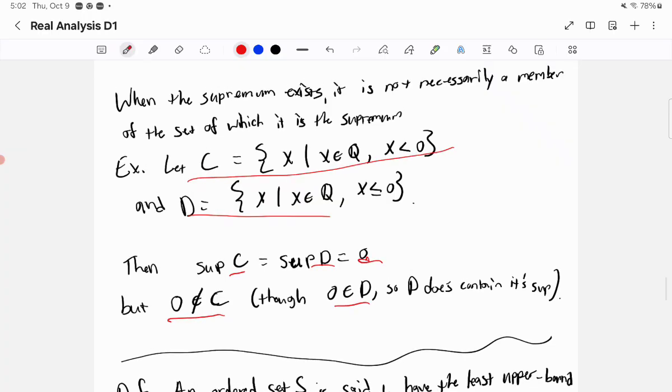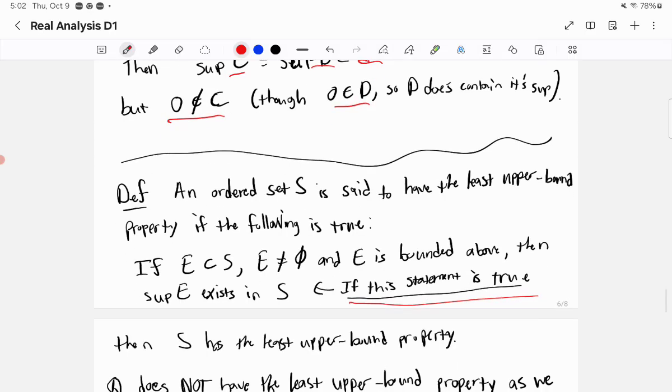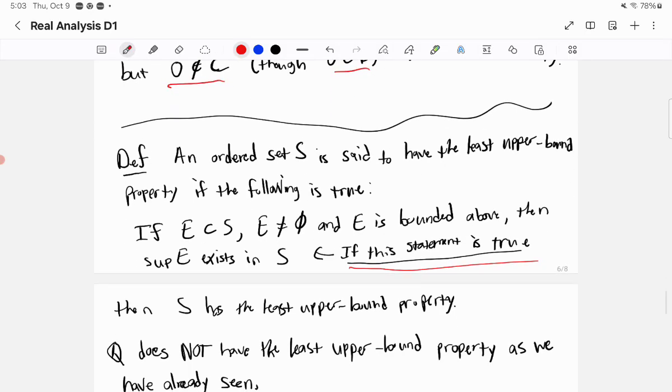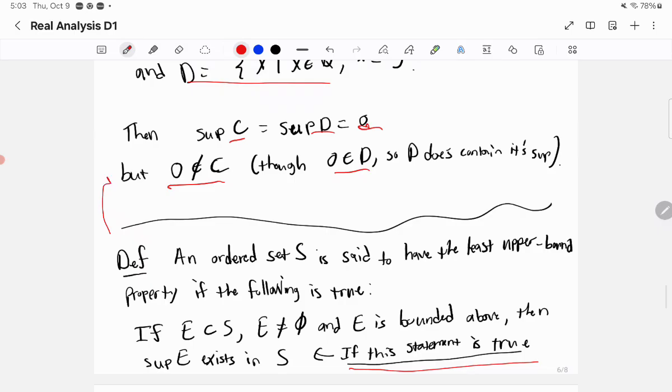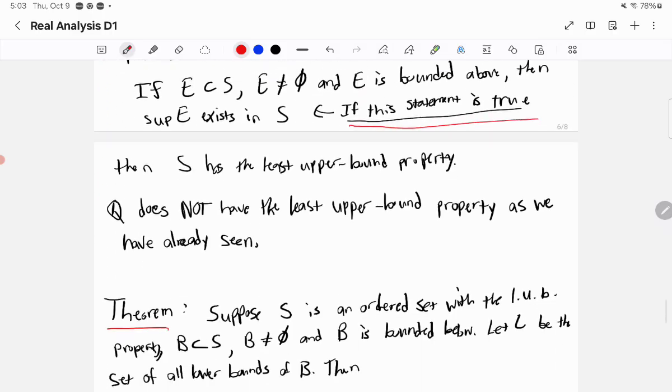But in this other case in black, some sets do have a least upper bound. They do have a supremum. So we want to have some conditions under which the supremum exists, right? We want to focus on examples like the black example here, right?